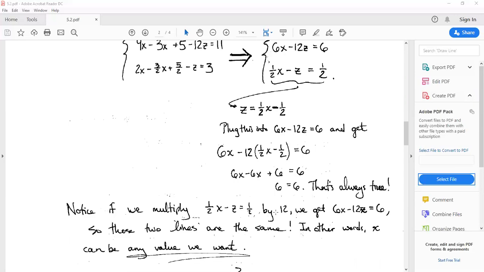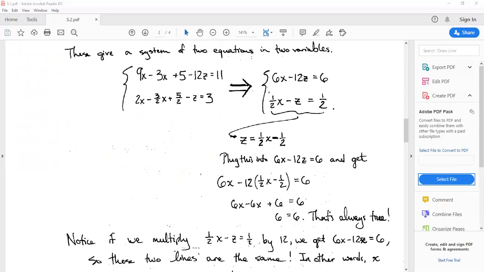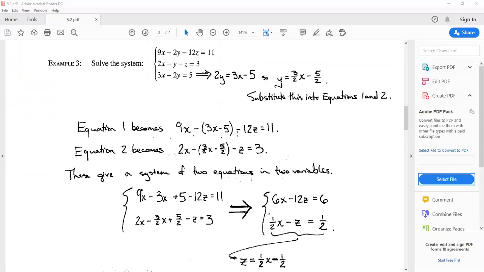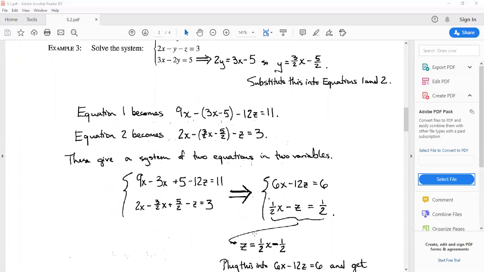And so notice that if we multiply this second equation here, 1/2 x minus z equals 1/2, by 12 on both sides, we get the original equation above it. Oh, so this is one of those instances where now that we've reduced our system of equations by solving for y in terms of x, we were able to reduce this system to just two equations and two variables, right?